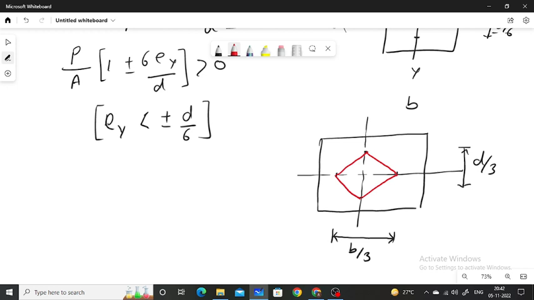So for this reason, if the eccentric load is applied in this region, then there is no tensile stress induced in the cross section of the column. This is also known as the one-third rule for the columns.